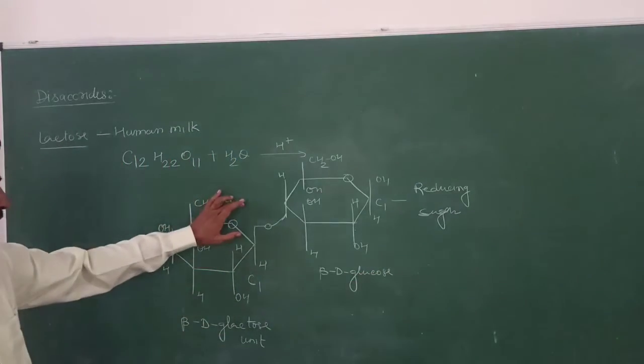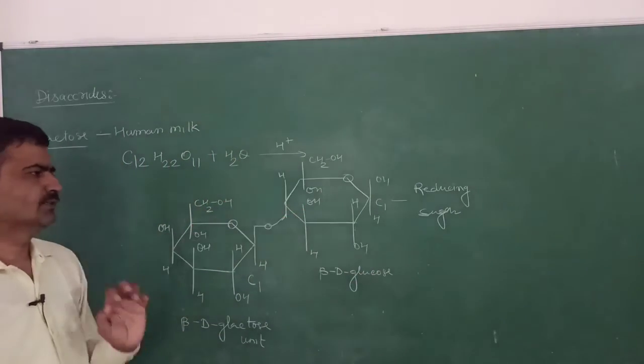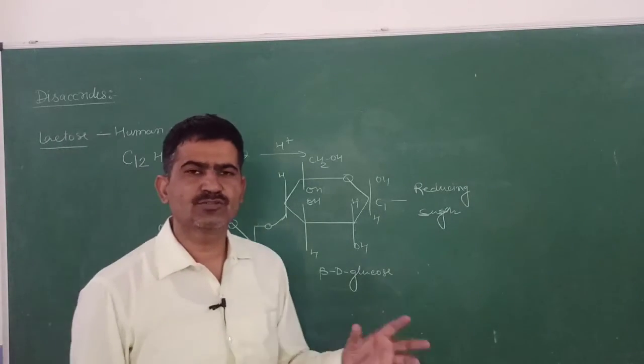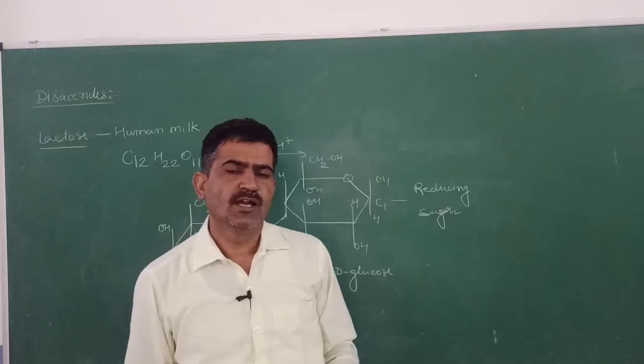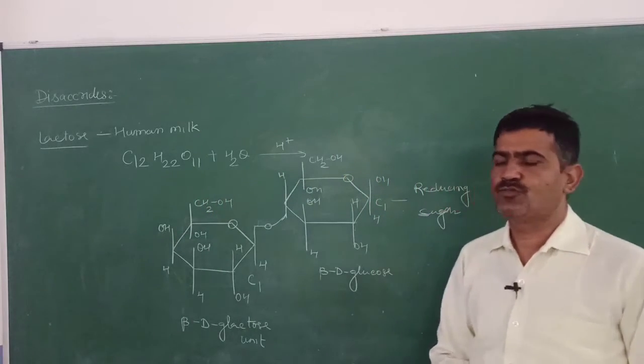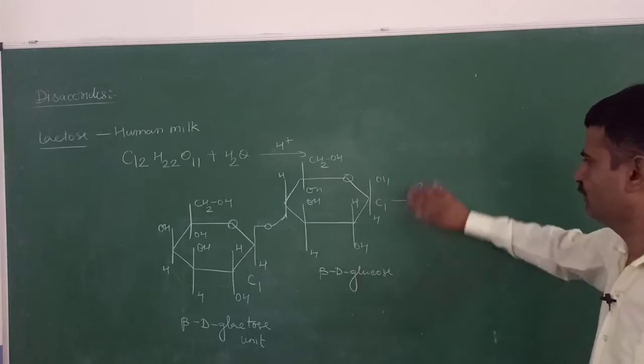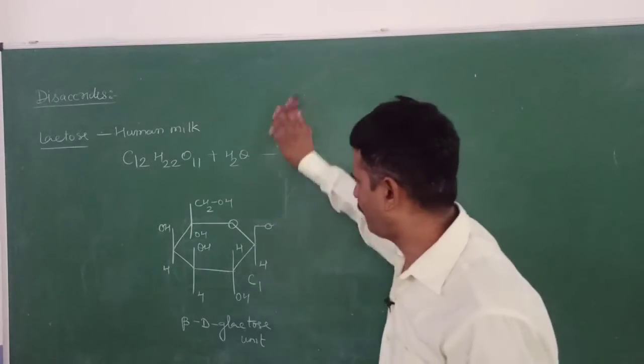C1 carbon of the galactose and C4 carbon of the glucose get condensed to form the glycosidic linkage, and this forms the lactose unit. These lactose units on hydrolysis give beta D glucose and beta D galactose. Now after this we will study about the polysaccharides.